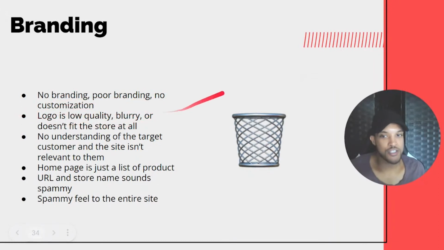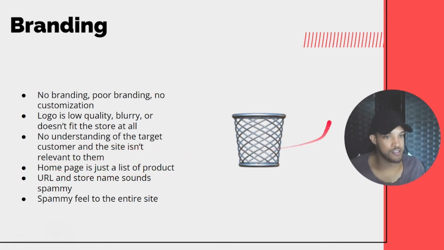So you want to have customization. Make sure your logo's not blurry. Do you even know who you're selling to? Can you say the exact age, gender, what they do for work, what their problem is, why they should buy from you and not your competitor? If you don't, it's going to be hard to brand because you don't know who you're speaking to.